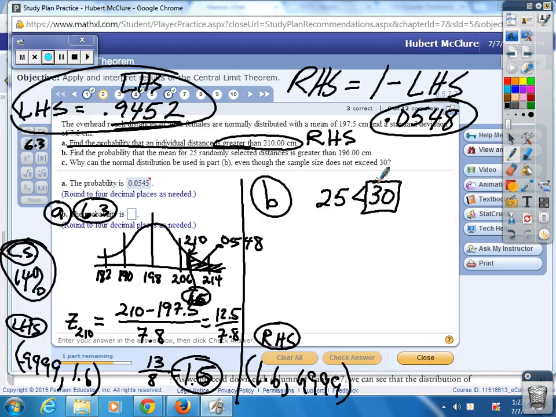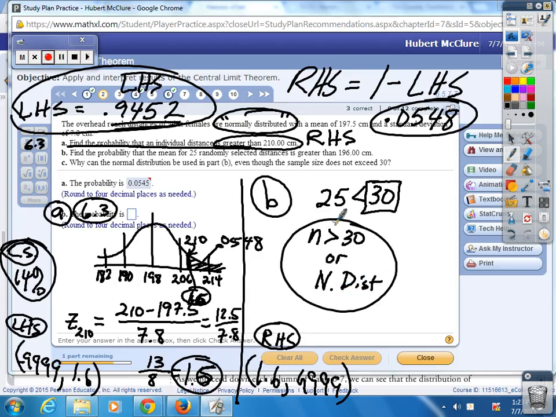But it either has to be what? It has to be normally distributed, or n has to be greater than what? 30. So you might want to write that down. It's in the 6.5 reading. So n has to be greater than 30, or normally distributed.